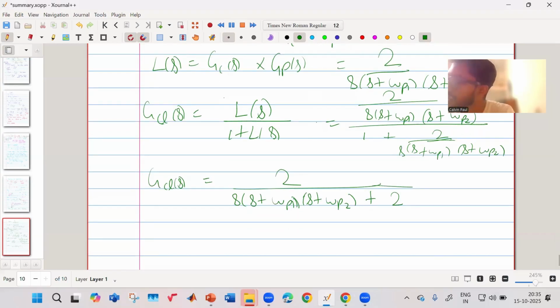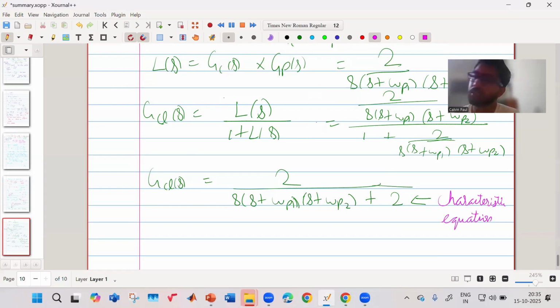This equation is known as your characteristic equation. There is something known as placing your poles, or designing your controller.